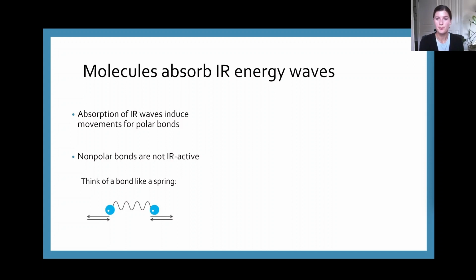You can think of a bond like a spring, where the bond can stretch or bend, but the two atoms on either end are moving closer to each other and away from each other. That's essentially what's going on. The atoms are moving around, but the bond stays in place.